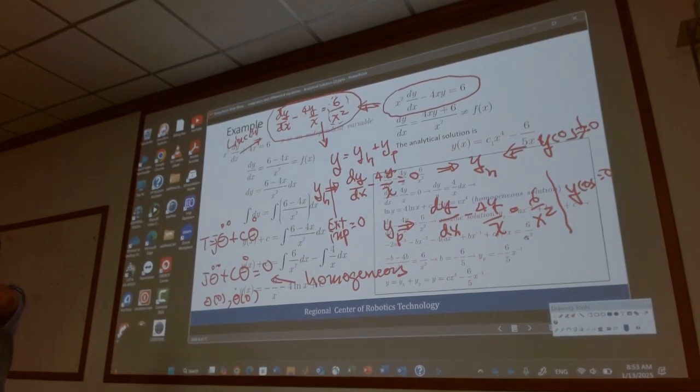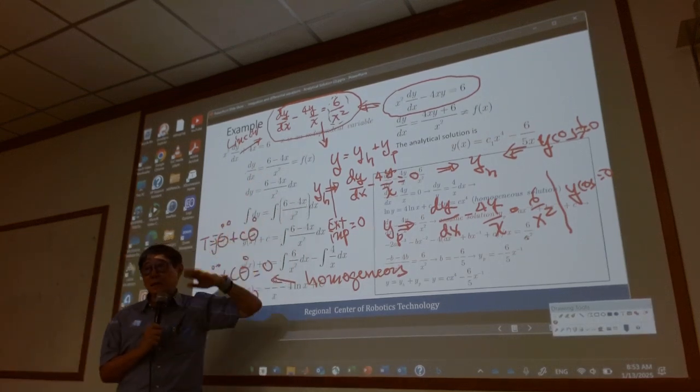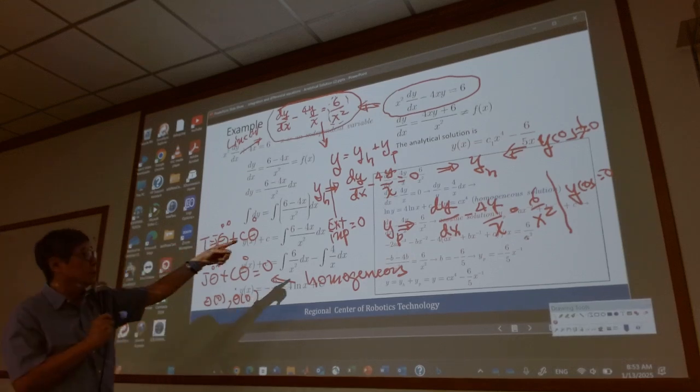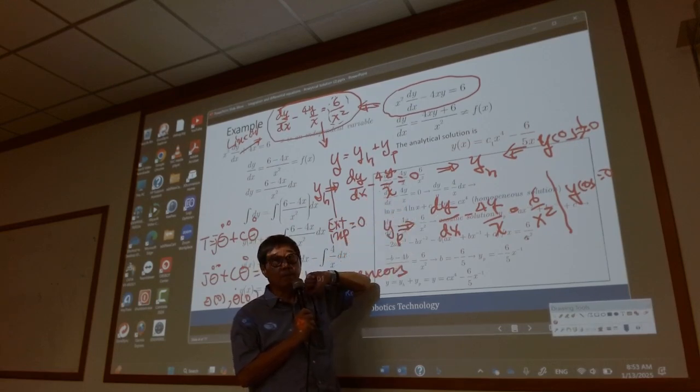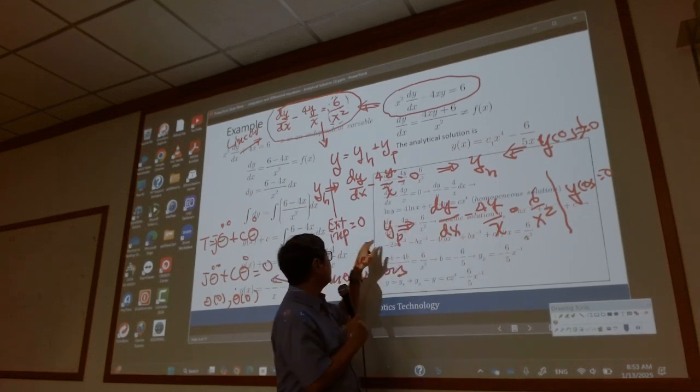We can split into solutions because this one is linear, right? We can do this. So we can solve this one first, we have the homogeneous solution. Solve this one, we have the particular solution.